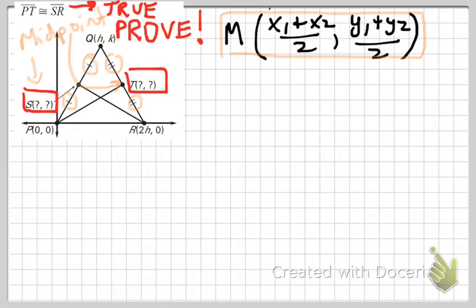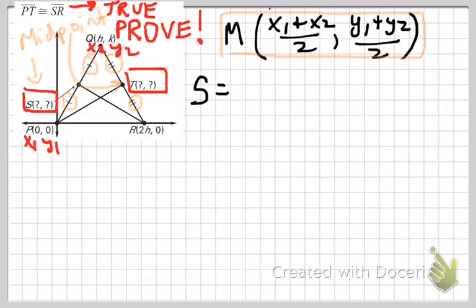Okay, so I erased those out of there, and you've got midpoint S. So S is the average of, well, I guess I should be careful here. I'm going to call this x1, y1 down here at point P on the origin, and call this x2, y2 there.